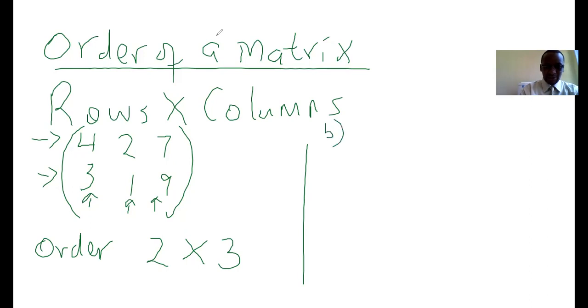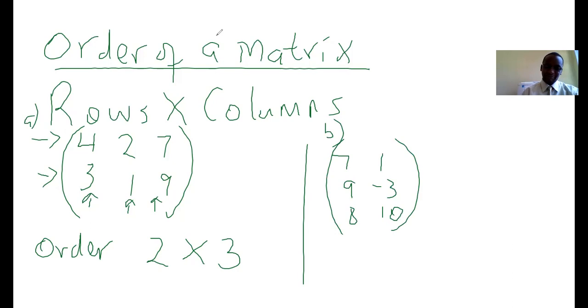Let's take another example. What if you have this matrix here? What is the order of that matrix? You can look at the number of rows. We start by the number of rows.